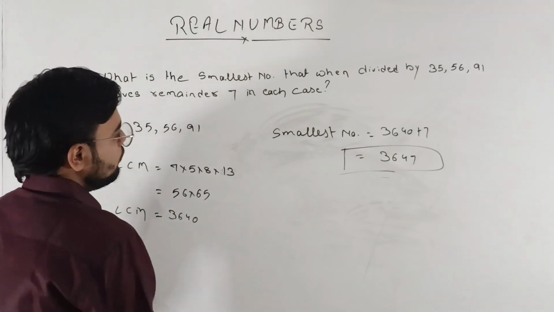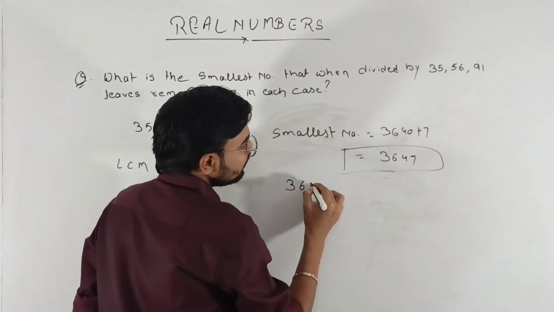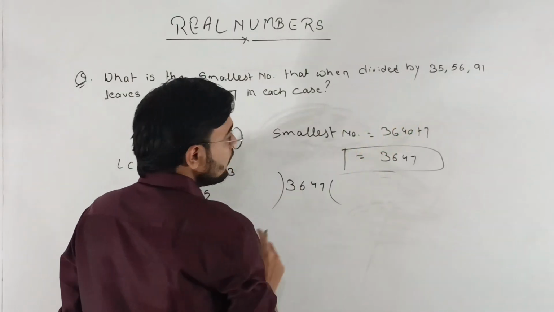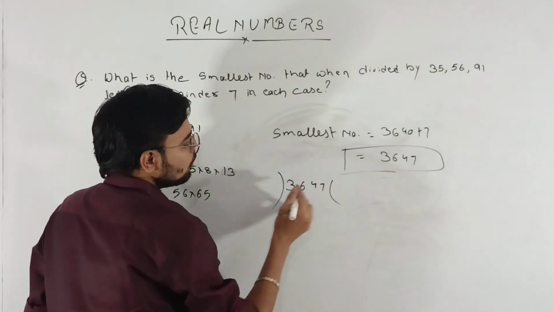Okay. If you have doubt, then you divide, and you get your proof. I divide by 35 only. At home, you divide by 56 and 91 and check whether this answer is true or not.